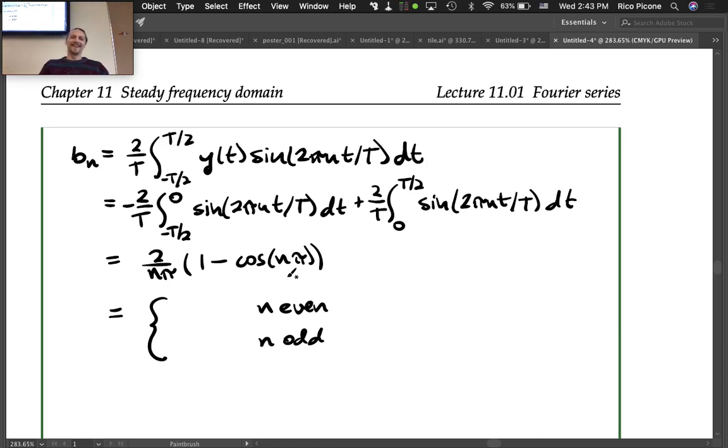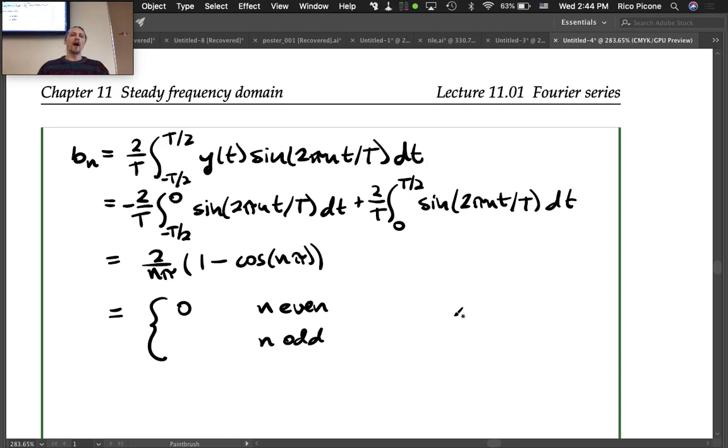I know. So cosine of 0 is 1. 1 minus 1 is 0. 0 times 2 over n pi is 0. If you put in 2, the next even number, cosine of 2 pi is 1, 1 minus 1 is 0, etc. So this is always 0 if n is even.